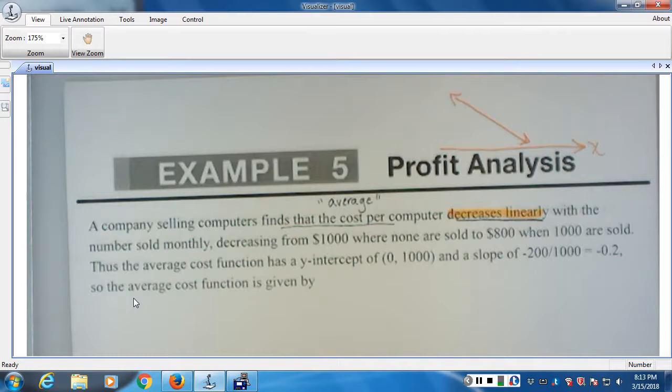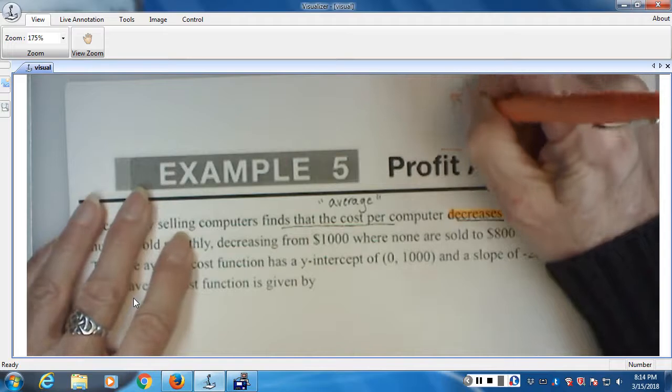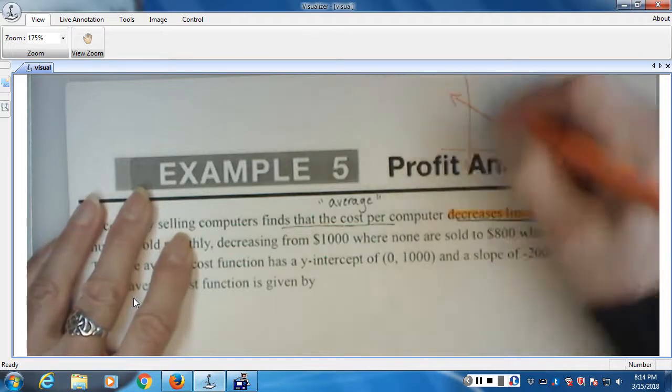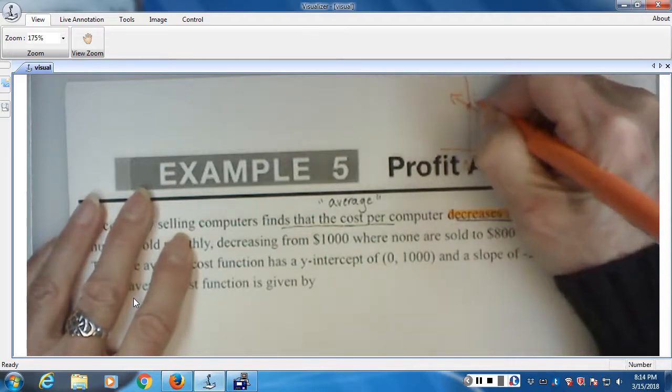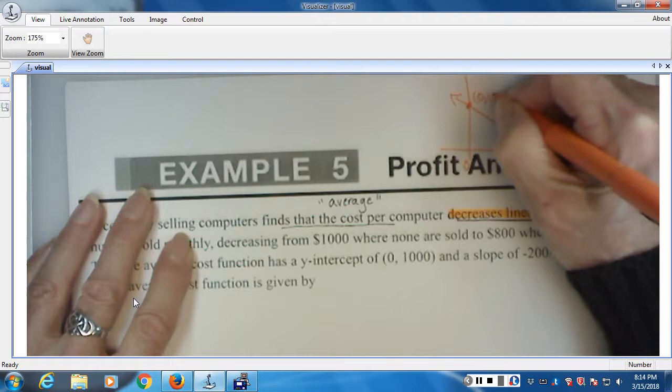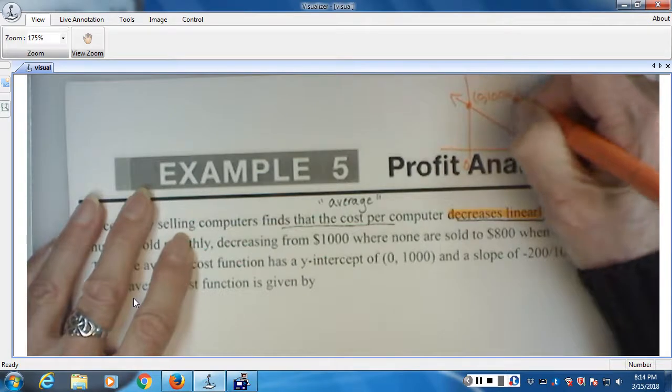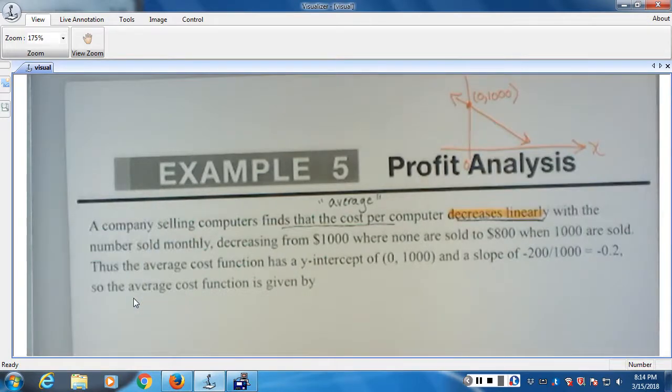And it decreases from $1,000 when you don't sell any to $800 when you sold 1,000.